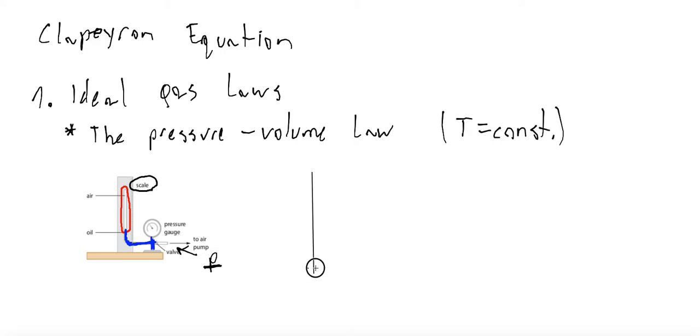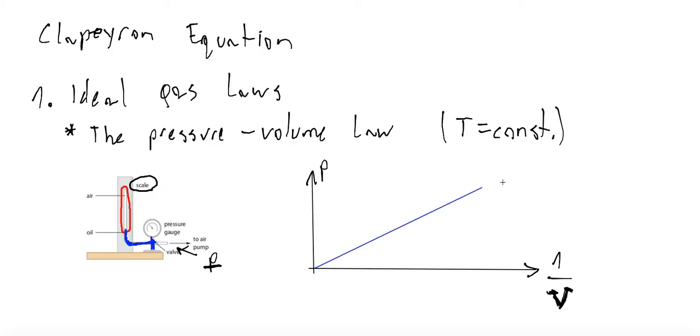If you plot how pressure depends on the volume of the gas at constant temperature, then you can obtain a straight line, but the relation is 1 over V, which means that pressure is inversely proportional to the volume. So pressure versus reciprocal of volume creates a straight line at constant temperature.